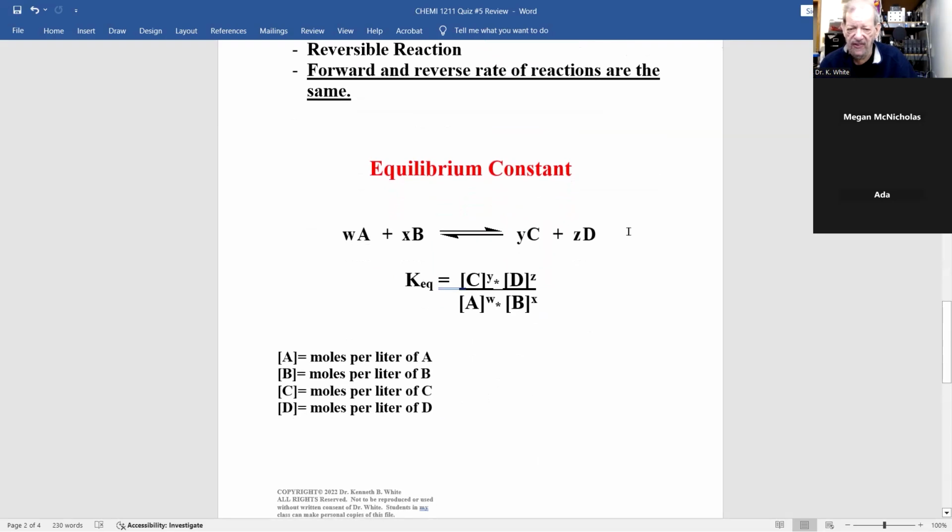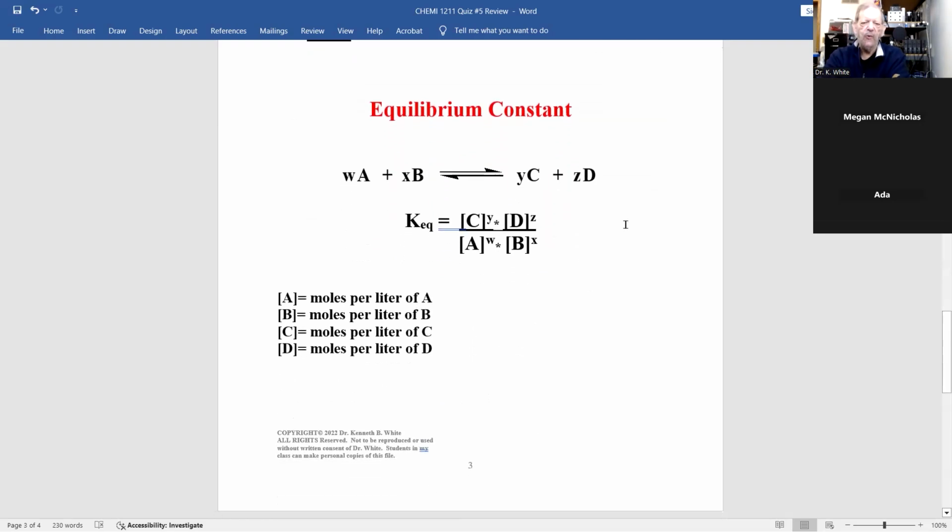Now, it turns out, and this is a very important concept in chemistry, we have what's called the equilibrium constant, abbreviated K sub EQ. For this balanced equation, W moles of A react with X moles of B, remember the coefficient is moles, to make Y moles of C and Z moles of D. And the equilibrium constant is, with brackets meaning moles per liter, the concentration of C to the Y power, and you get the Y from the coefficient, times, not plus.